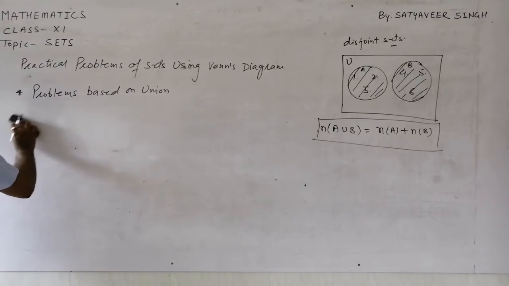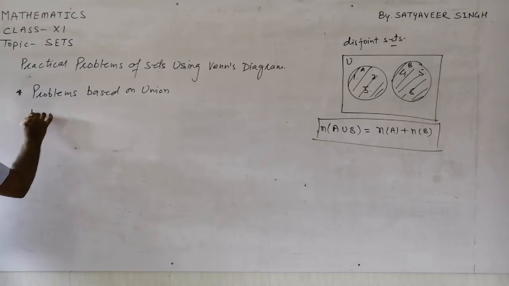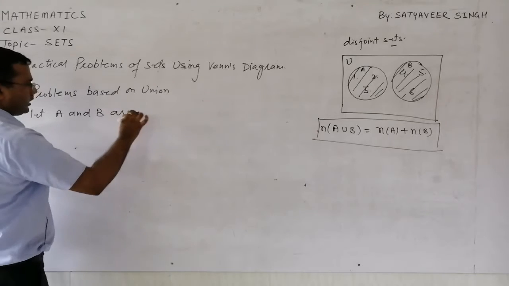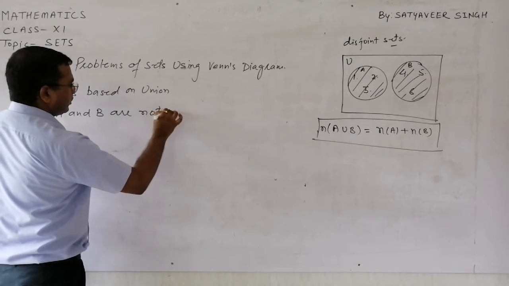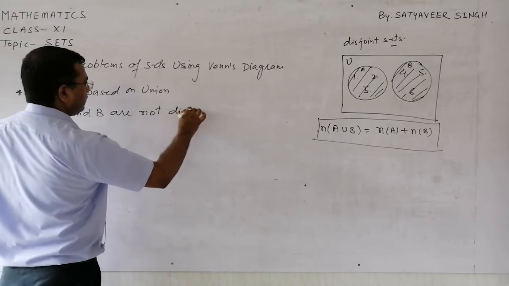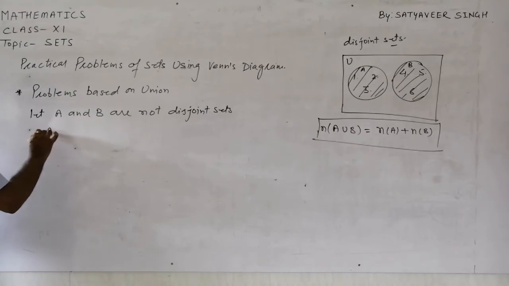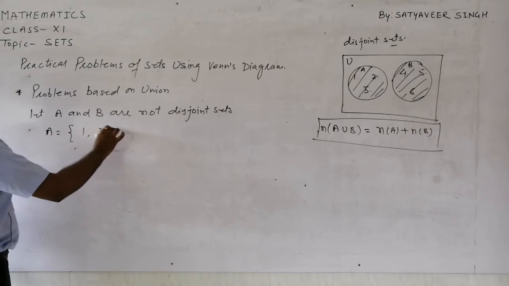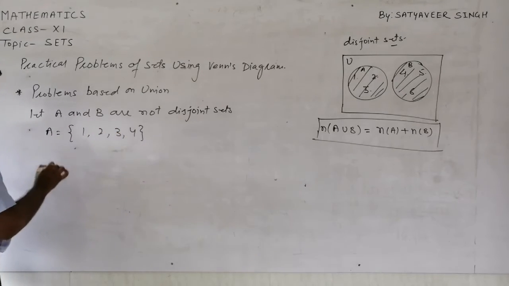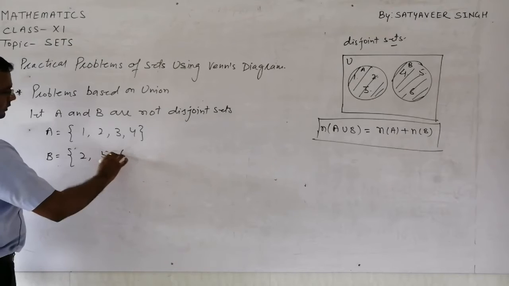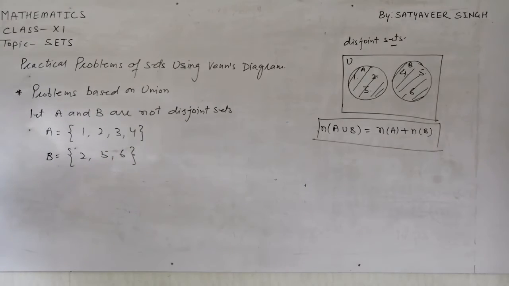Let A and B be non-disjoint sets. Let set A have 1, 2, 3 and 4, these 4 elements. Another set B has, suppose, 2, 5, 6, only 3 elements. We want to find A union B.